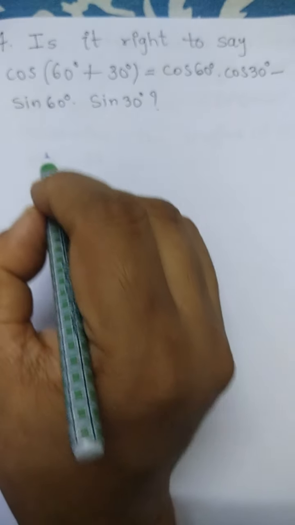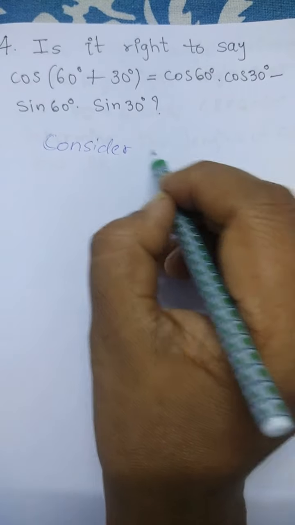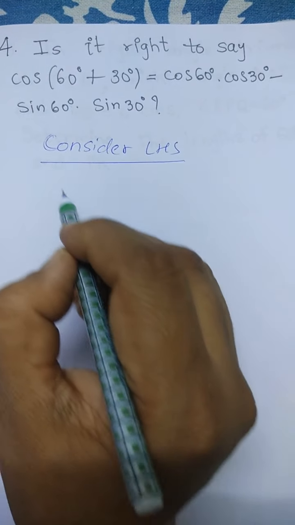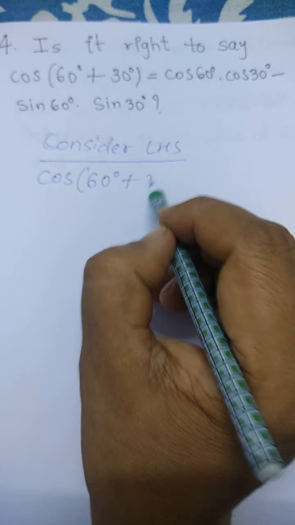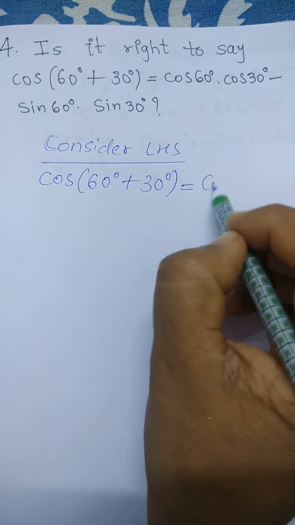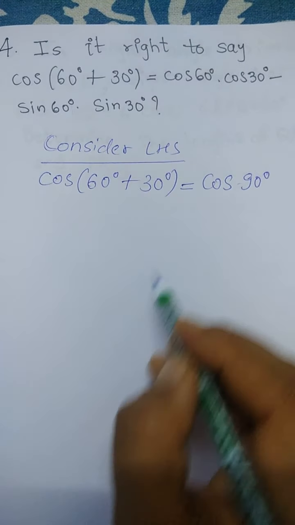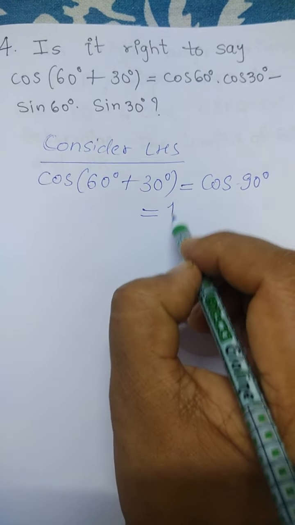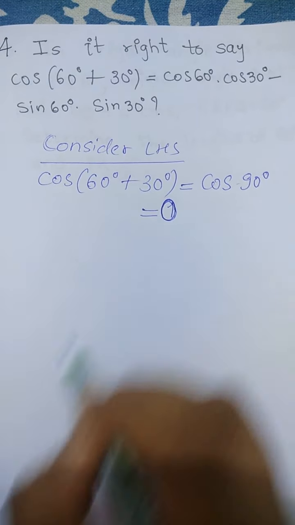Consider LHS, left hand side. Cos 60 degree plus 30 degree will give you cos 90 degree, and cos 90 degree is 0.